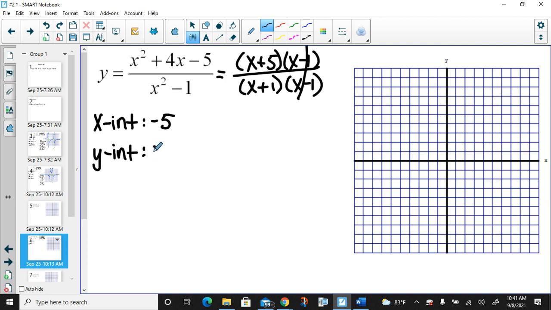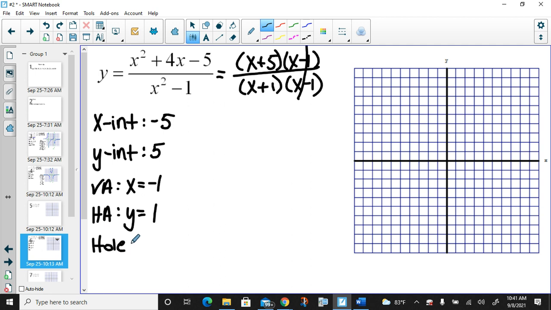Either way, we're going to get positive 5. Vertical asymptote, of course, we only care about the one that is not canceled out. So that will be x equals negative 1. Horizontal asymptote, again, the degrees are the same, so we take the ratio of the leading coefficients. So again, y equals 1.